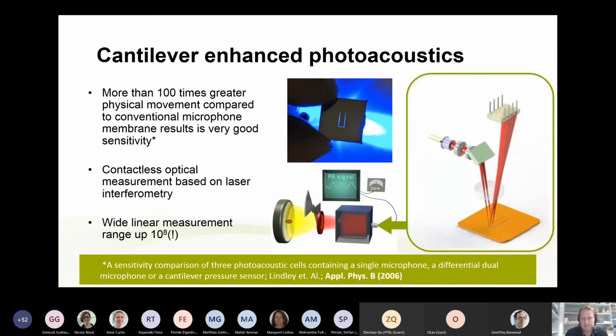So funnily enough, we use another completely different optical technique to sense the position of the cantilever to be able to make very sensitive photoacoustic sensors or detection platforms.